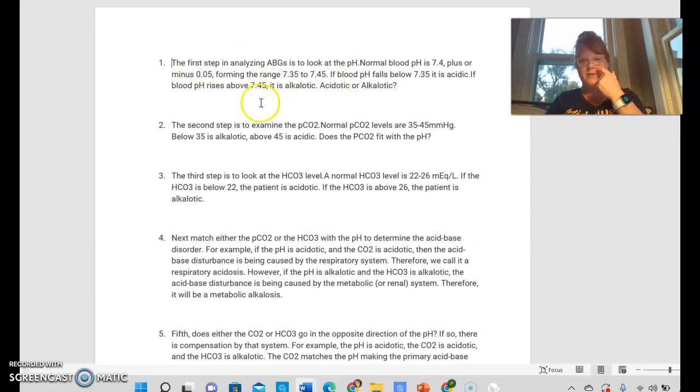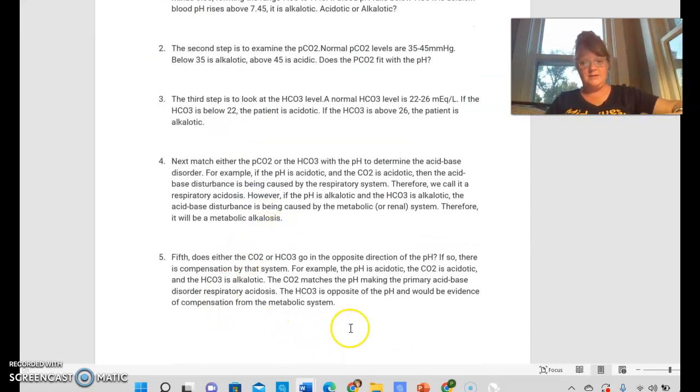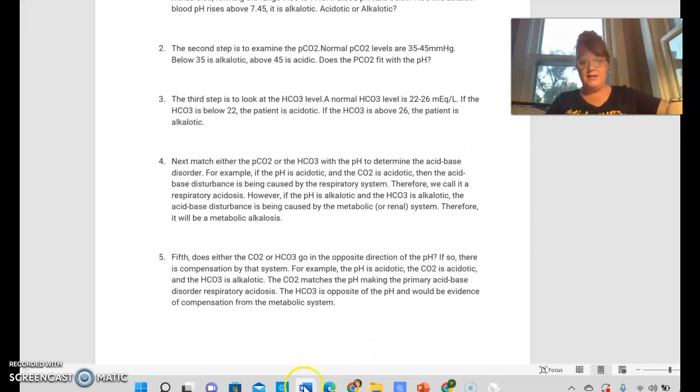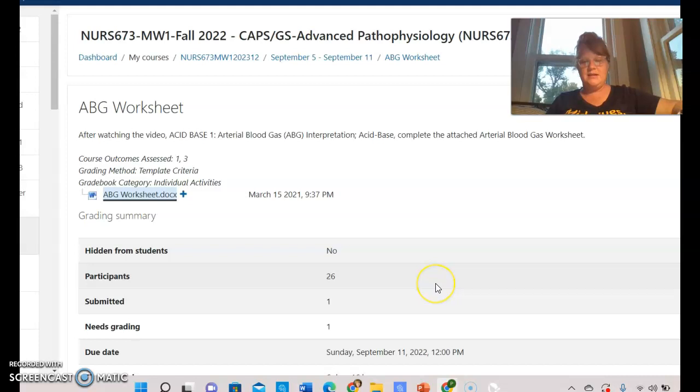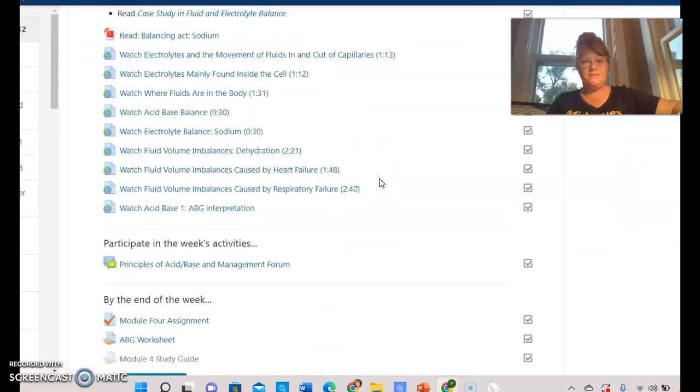Actually this information is written on his whiteboard. He gives you the answers, but just write out each of the steps as you go through them. The answers are provided for you, but it helps you to walk through those steps. So that's all there is to that, really. Just go through that and submit it. It's pretty easy, but a good tool to help you learn those steps clearly and concisely.